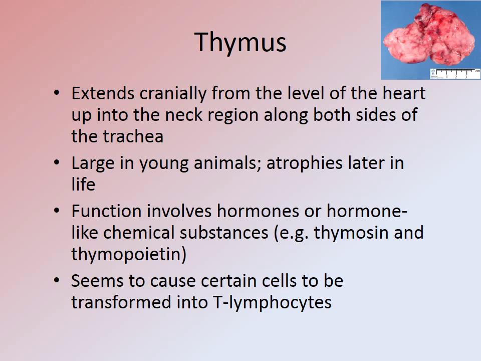So the function involves hormones and hormone-like chemical substances like thymosin and thymopoietin. This is produced in that thymus in young animals and seems to cause certain cells to be transformed into T lymphocytes. But from what I understand, the knowledge of its function is very limited.